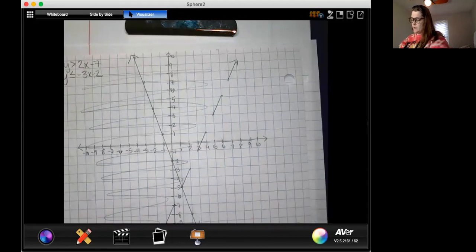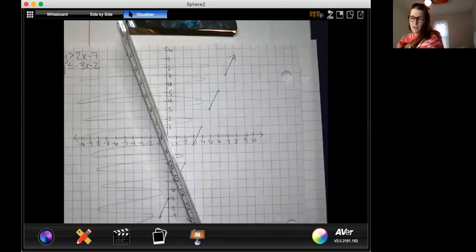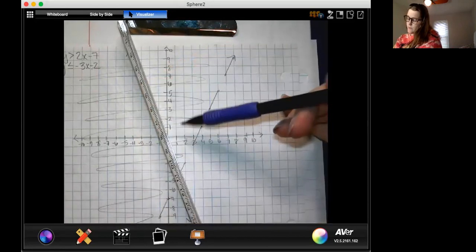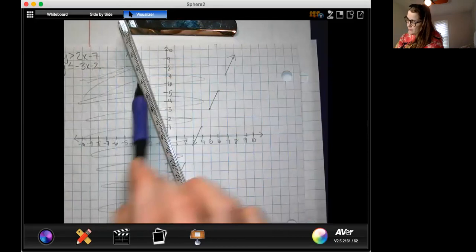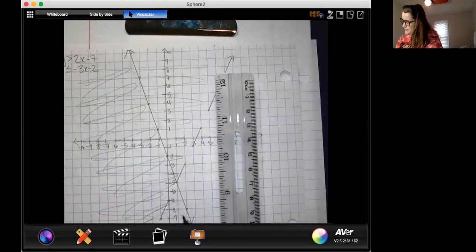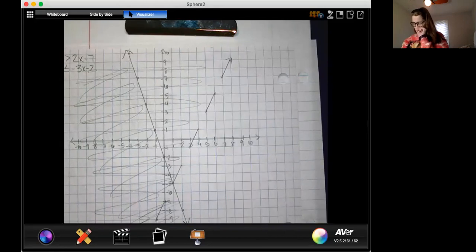Okay, so this is the line we're working with, so kind of ignore all the other shading. 0, 0 was on the right side, and it was false, so therefore we're going to shade on the left side of my line. Oops. Left side of my line.